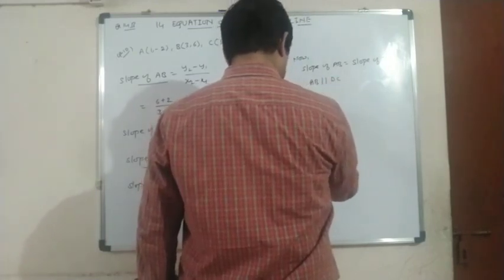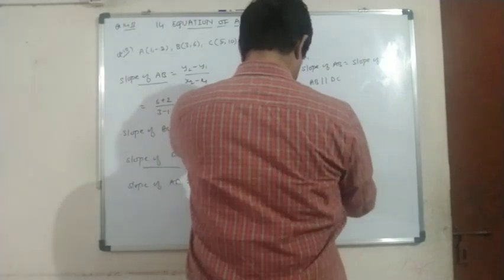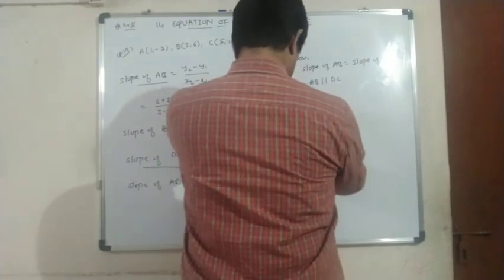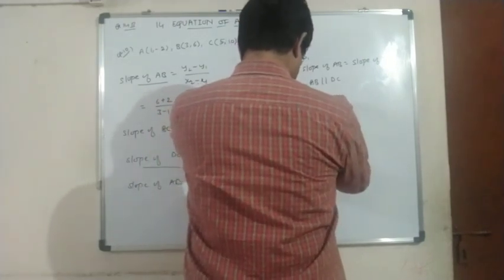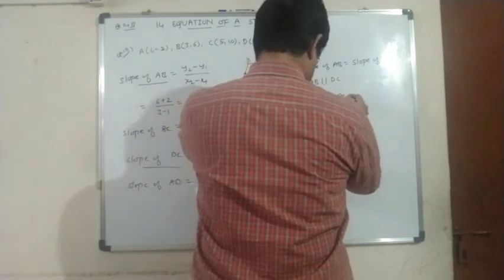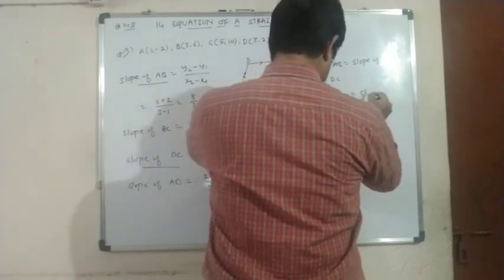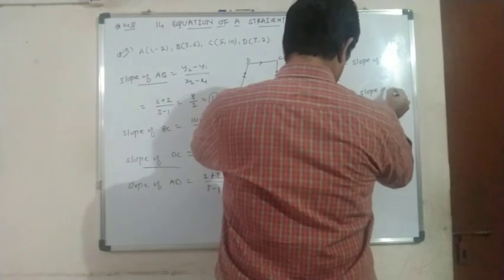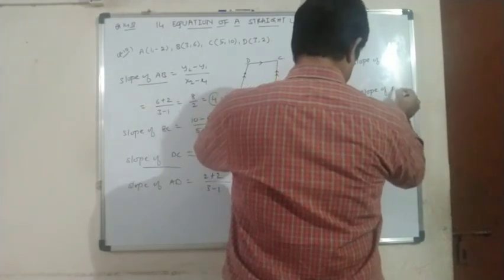Similarly, slope of BC equals slope of AD.